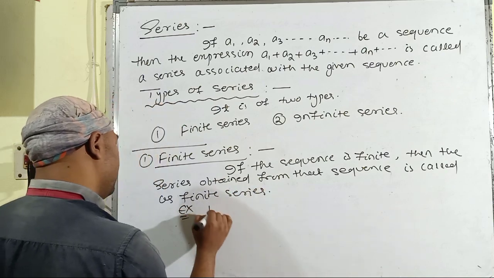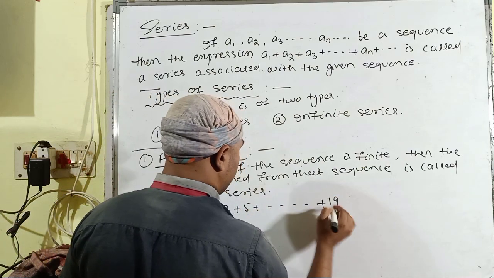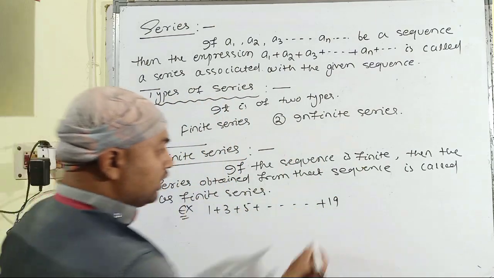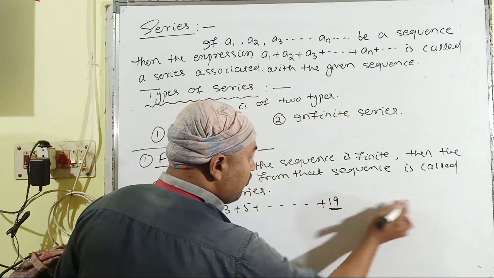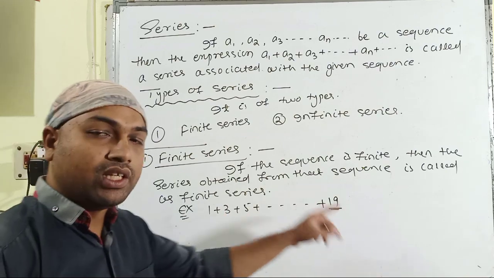Example, 1 plus 3 plus 5 plus ... plus 19. That means this is the last term and there are no further terms after 19. That means it is a finite series.